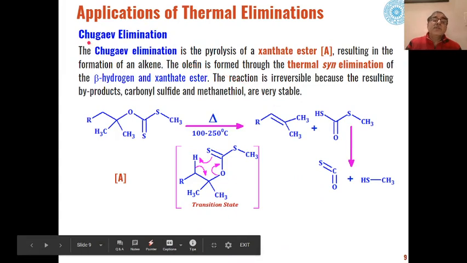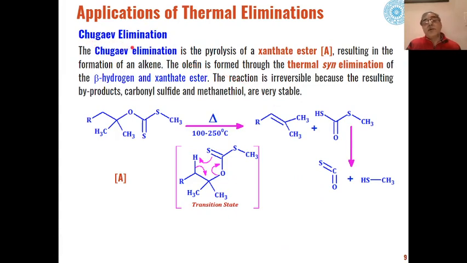Then this is a very important reaction, the Chugaev elimination or Chugaev reaction. This is in the case of xanthate esters. Xanthate esters undergo pyrolytic elimination, and the temperature required for this elimination is lower than in the case of esters or methyl esters.